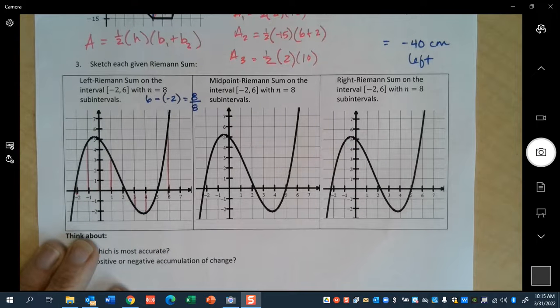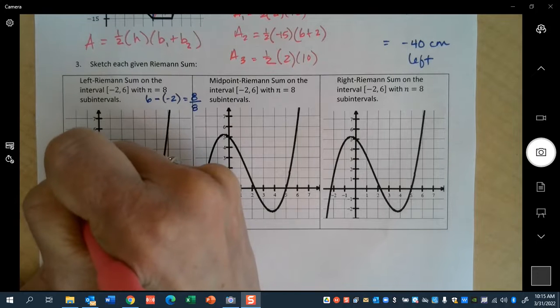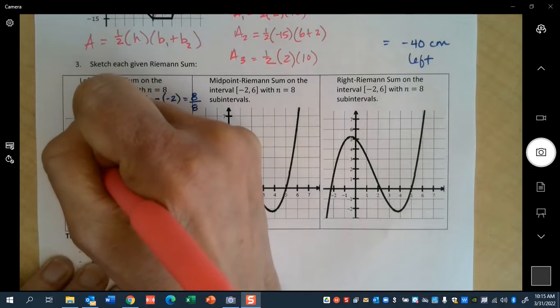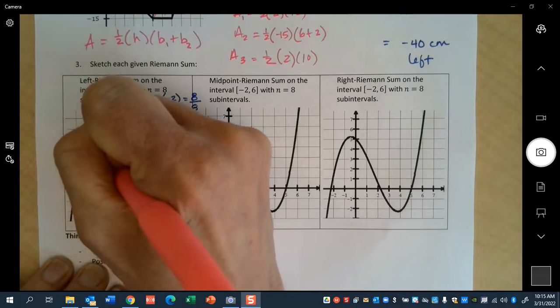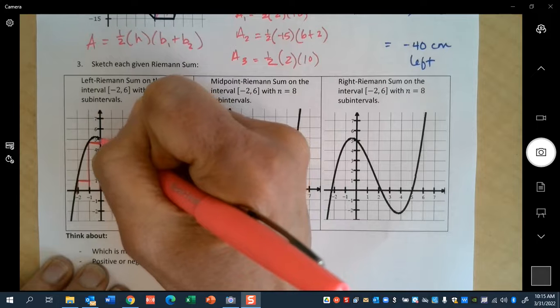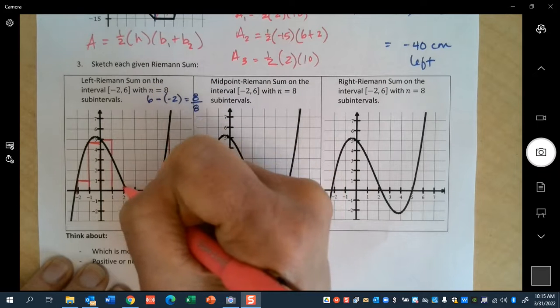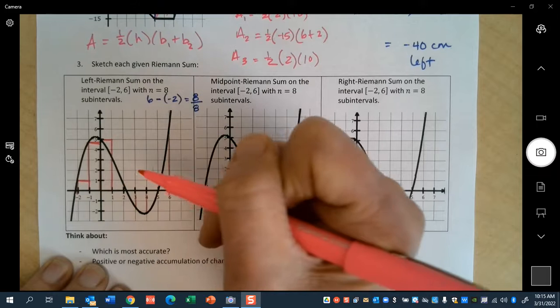When I have a left-hand sum, I want the left-hand part of my rectangle touching. So I'm going to go to where this graph hits on the left, and if I need to complete any rectangles, I will.